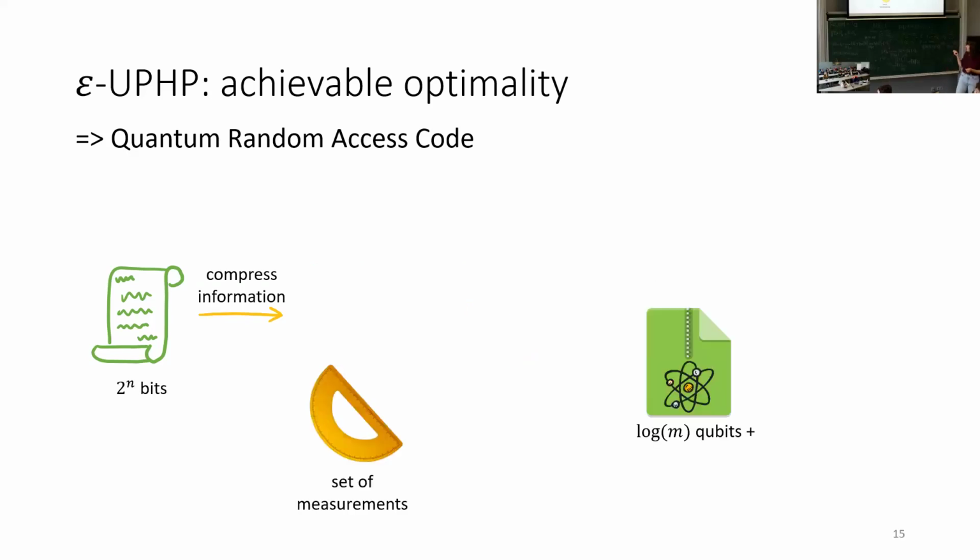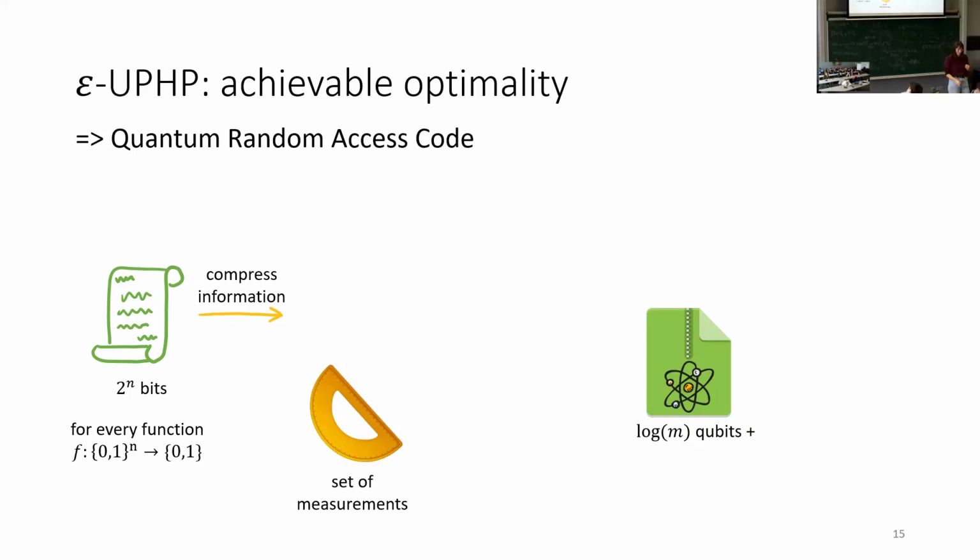Okay, so this is just for the parameters that we have: some bits, some qubits, and a set of measurements that can retrieve. Intuitively, the qubits that we encode are basically the memory. If we have some bits, we can see this as a Boolean function, and a Boolean function we can see as a unitary.